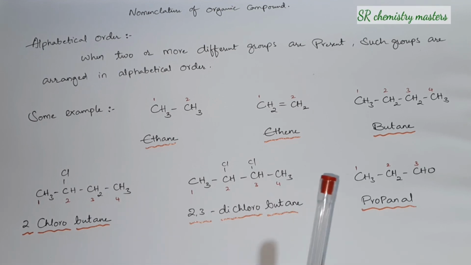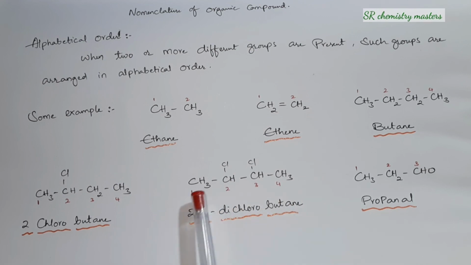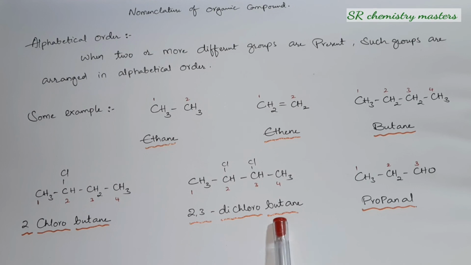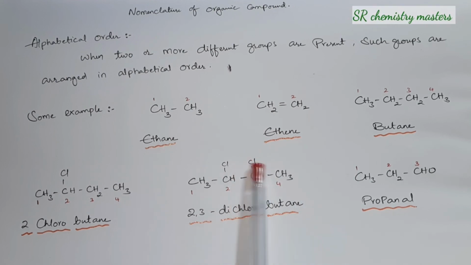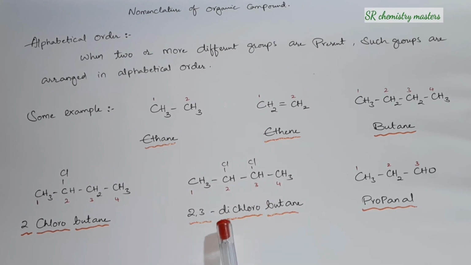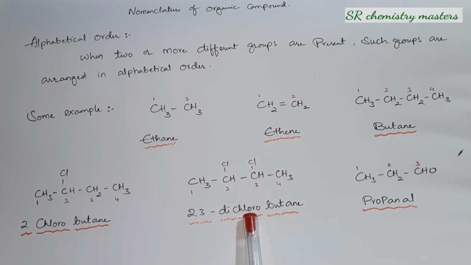The next example, if you see here, we have again 4 carbons. In this also we have only single bonds, so the word root is but and the saturation is ane. We have 2 chlorine atoms, so it is chloro. Here the numerical prefix is di, because 2 chlorine atoms are there, so it is dichloro.